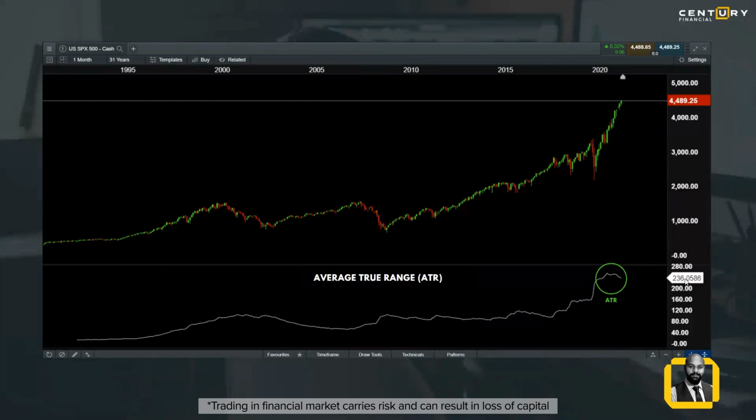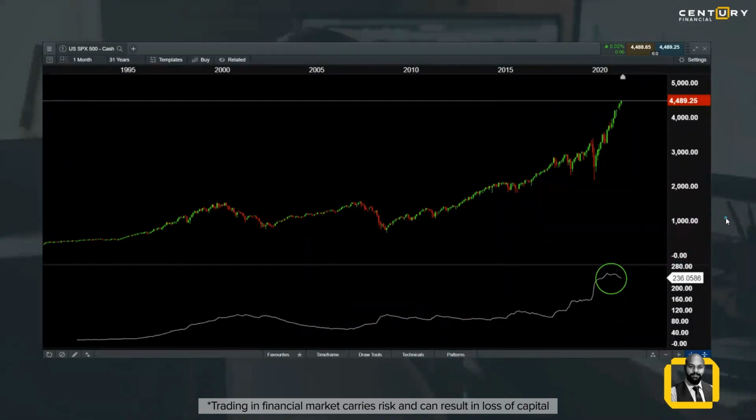Having that knowledge will help you keep your take profits and stop losses accurately, and you don't end up keeping a take profit too close where you book a very small amount of profit. At the same time, you do not keep a stop loss too far away where your loss becomes a very huge loss. Again, all the explanation I will show to you on live charts as well, so that it's easier for you to understand.